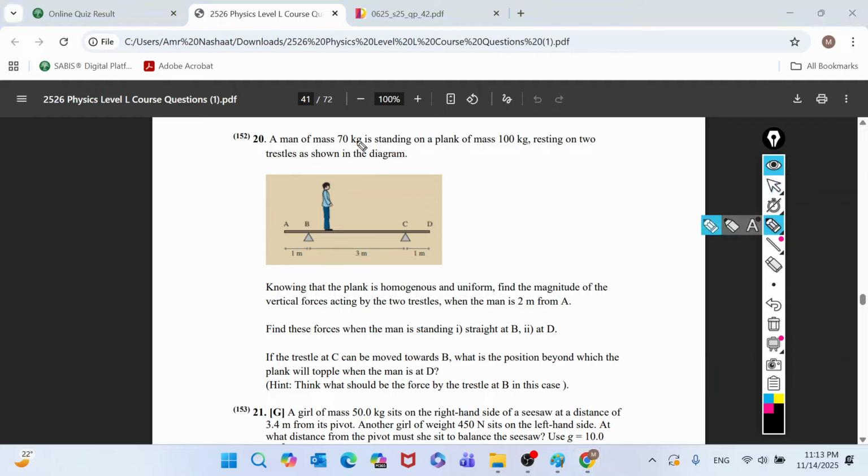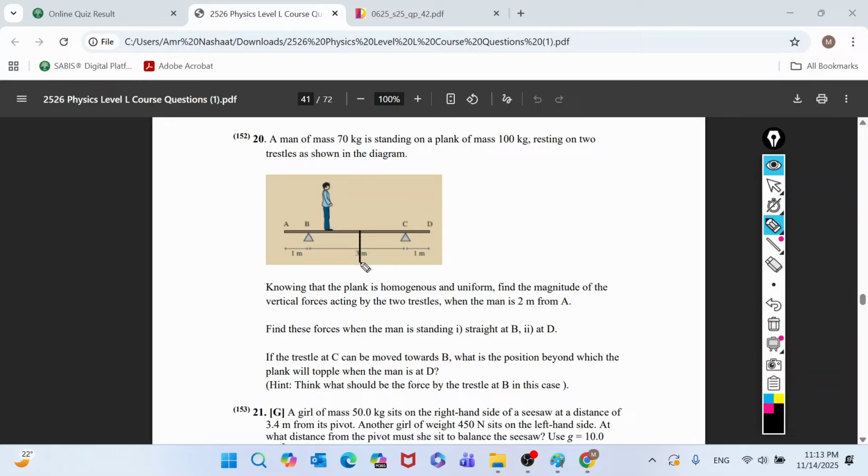Okay guys, a man of mass 70 kilograms is standing on a plank, mass 100 kilograms, on 2 trestles. Knowing that the plank is homogeneous and uniform, find the magnitude of the vertical forces acting by the 2 trestles when the man is 2 meters away from it. If it's uniform and homogeneous, that means the center of mass of the plank is exactly in the middle of it.